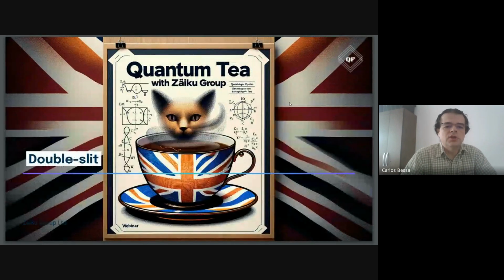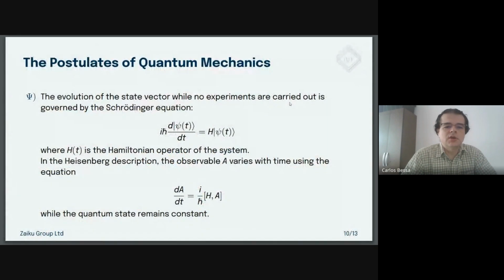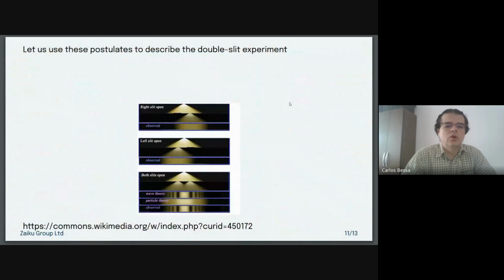Okay, so these are the basic postulates, and as an example we can use the famous double slit experiment. I think most of you know about it, but you can consider an experiment like this with a source. This source could be a source of light or electrons, or atoms or even molecules.